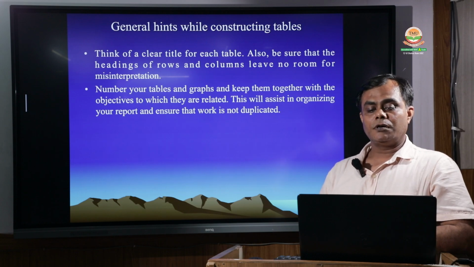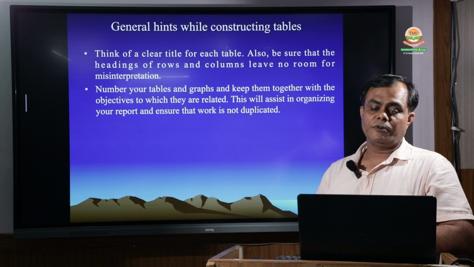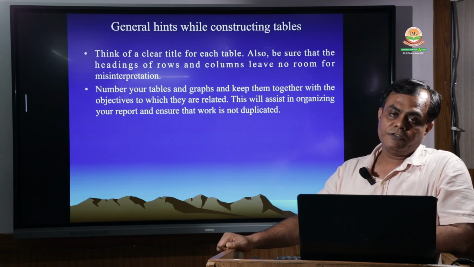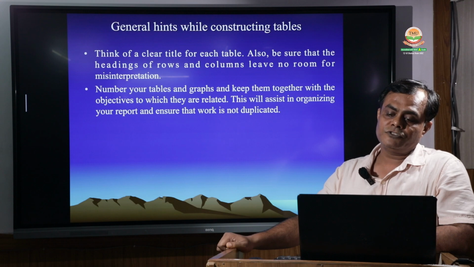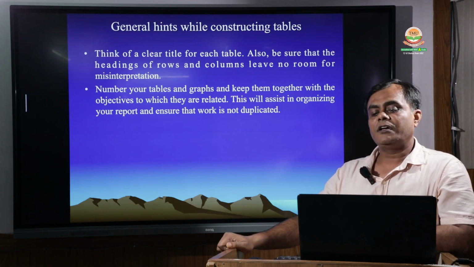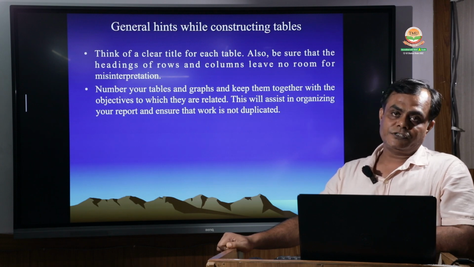Further general hints: think of a clear title for each table. Whatever table you are presenting, every table should have a distinctive and clear title. Also see that the headings of the rows and columns leave no room for misinterpretation.